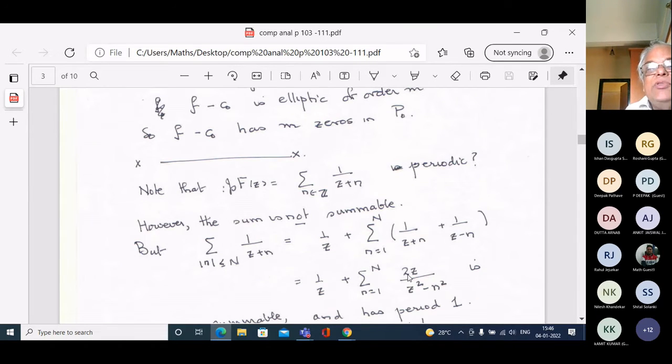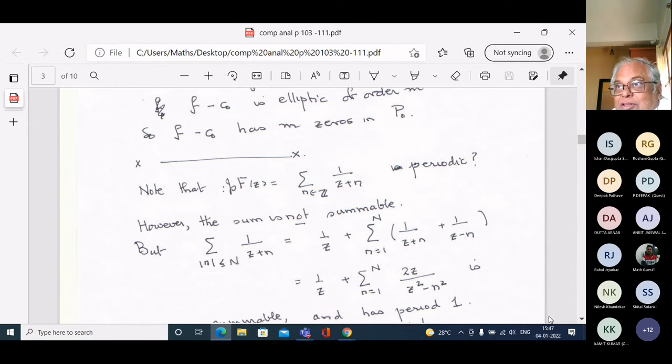Now, if you want to construct something which is periodic of period 1 and which has poles at all integers, then 1 over z plus n is going to have a pole at the integer minus n.